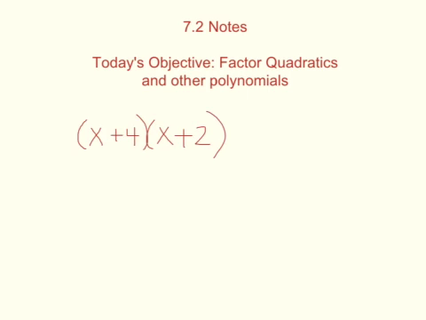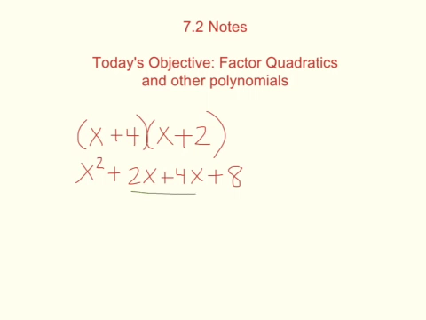Now keep in mind that the factored form of a quadratic looks something like this, and that when we multiply this out by distributing, we end up with something like x squared plus 2x plus 4x plus 8, and the two in the middle are like terms and they get added together.